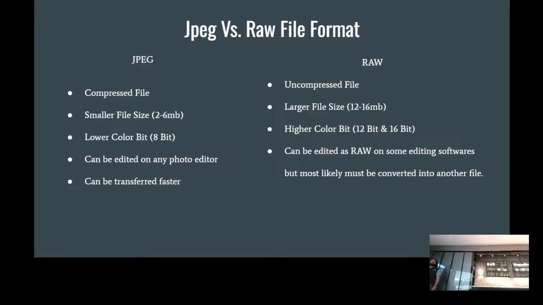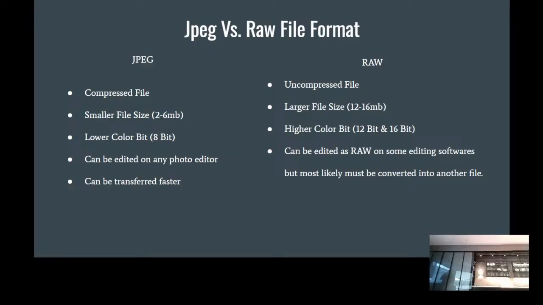So if you're going to start shooting in RAW, and you don't want to pay for editing software, you're most likely going to have to convert the image back into a JPEG in order to edit it on the computer. But by using a JPEG, it can be transferred much faster. Because the file is so small and compressed, it's very simple to text it out, email it, and send it very quickly.